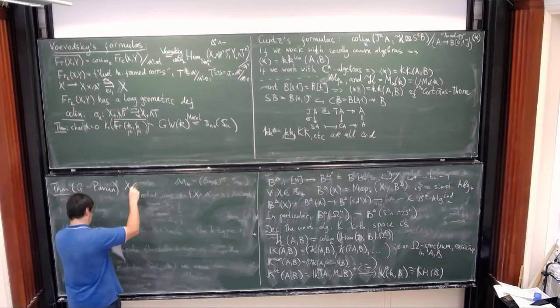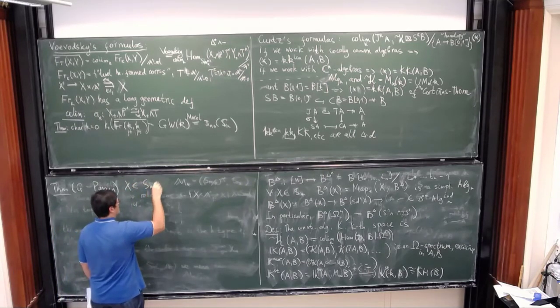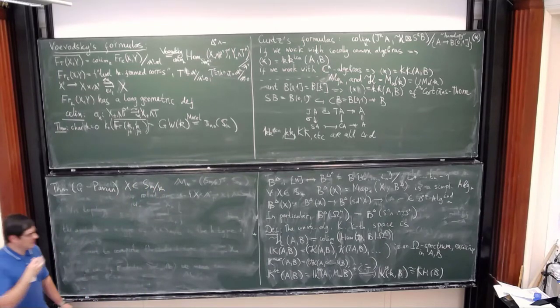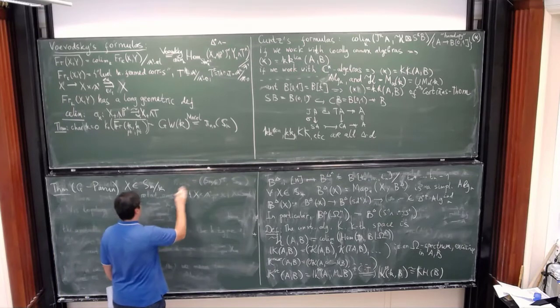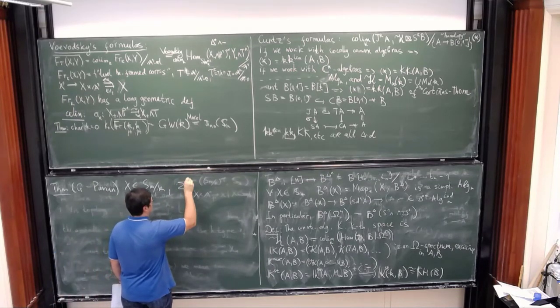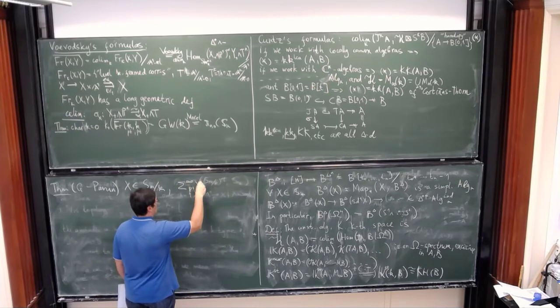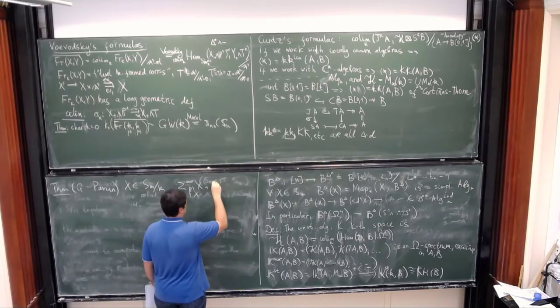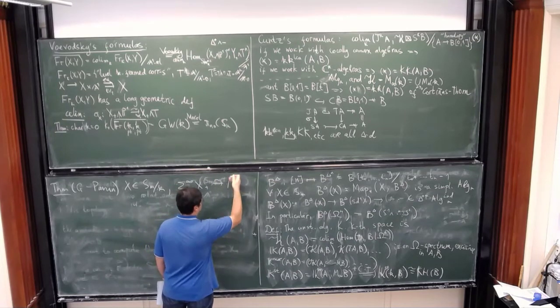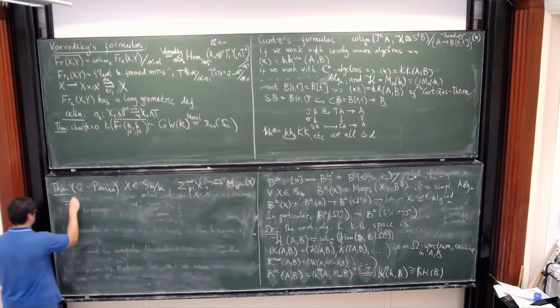If we take a smooth variety X over an infinite perfect field K, then Sigma infinity P1 of the variety is motivically equivalent to a spectrum denoted by MP1 of X, defined as follows.